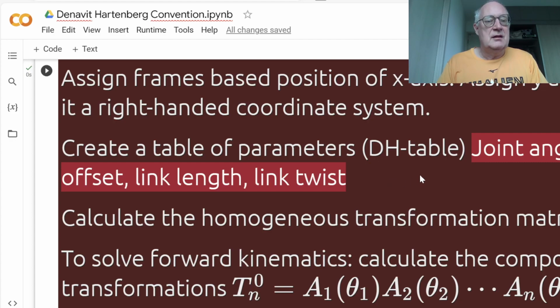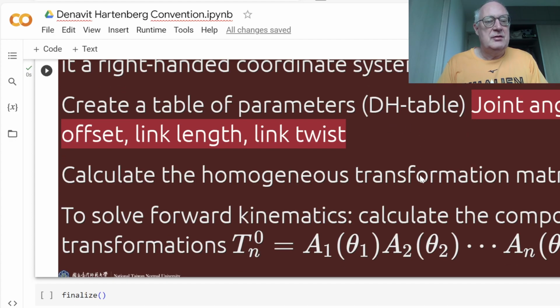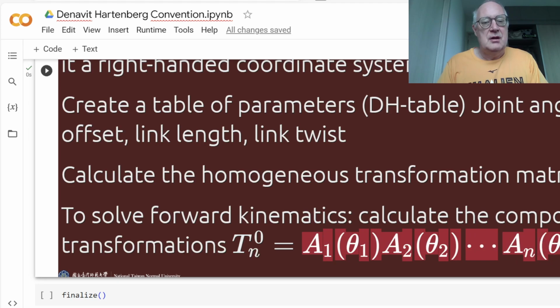Then we can calculate the homogeneous transformation matrices for that. And then in order to solve the forward kinematics problem, we can simply calculate the compound transformation matrix from 0 to n. So if we have a robot with revolute joints, then all our transformation matrices will be functions of theta.